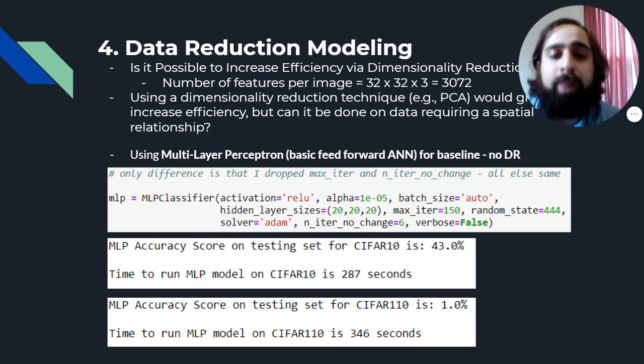So why wouldn't I? I do hypothesize that when we're trying a dimensionality reduction technique, such as principal component analysis, and that's just one of a few algorithms out there, flattening something down to a completely different image is going to lose that spatial relationship that's so necessary for image classification.